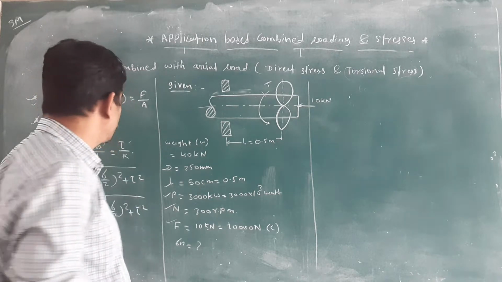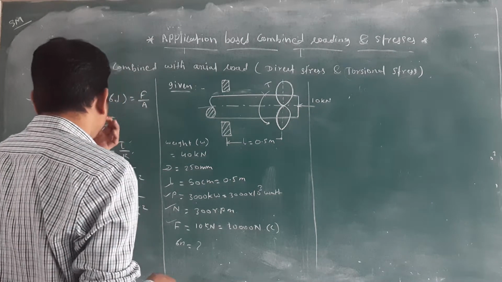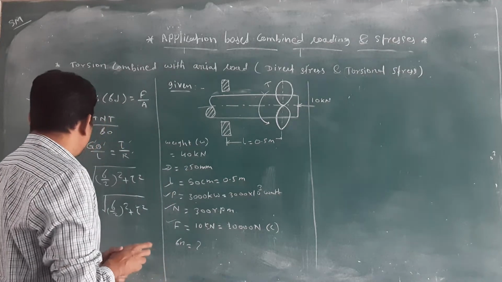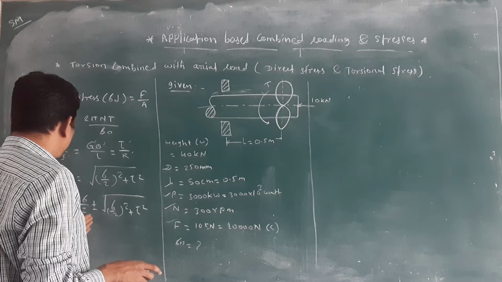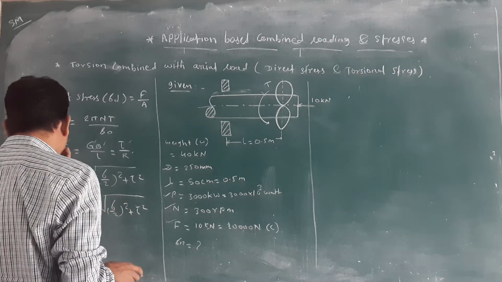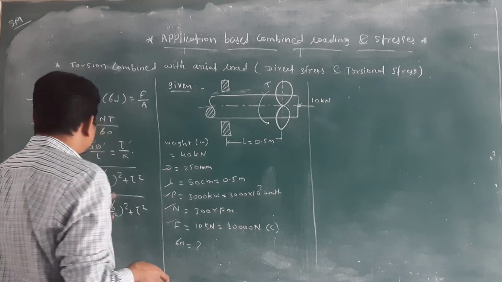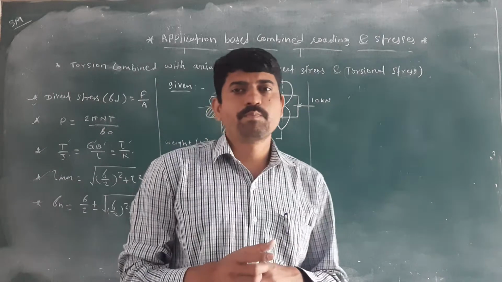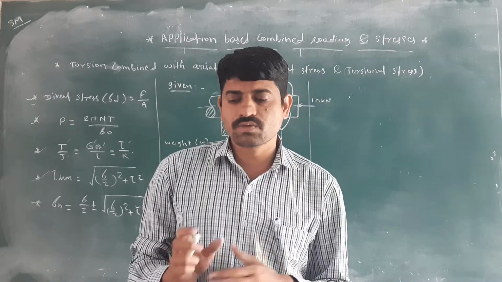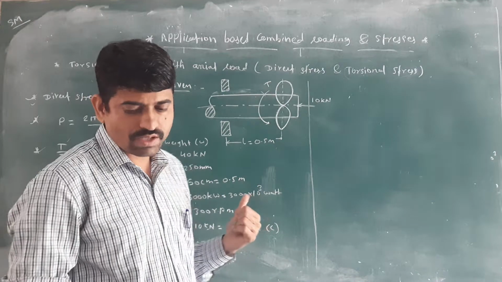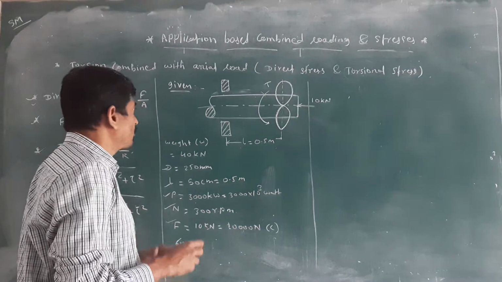See, first we know the value of sigma n, sigma divided by 2 plus or minus root of (sigma by 2) square plus tau square. How to calculate that stress? Stress is nothing but the summation of the direct stress and bending stress. Once we get this value, you have to put it in this equation.